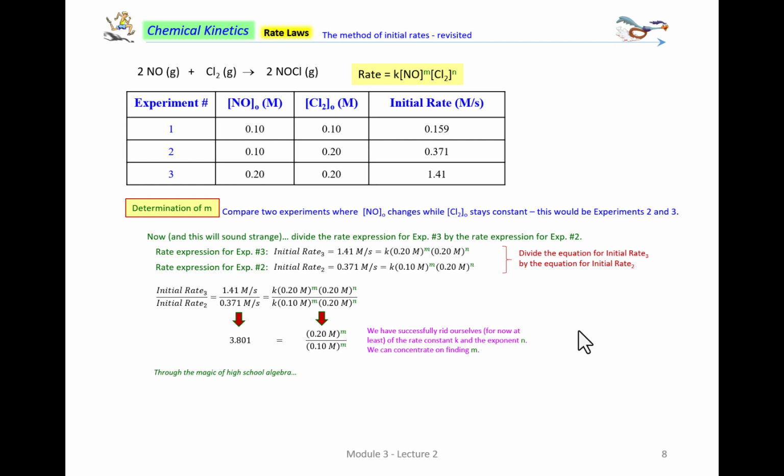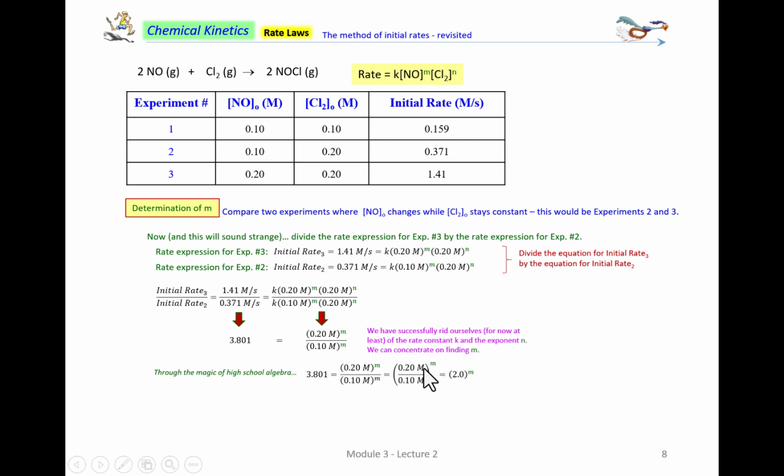Now if you do a little algebra, you find out that 0.2 molar to the m divided by 0.1 molar to the m is the same thing as 0.2 molar divided by 0.1 molar, all raised to the m power.